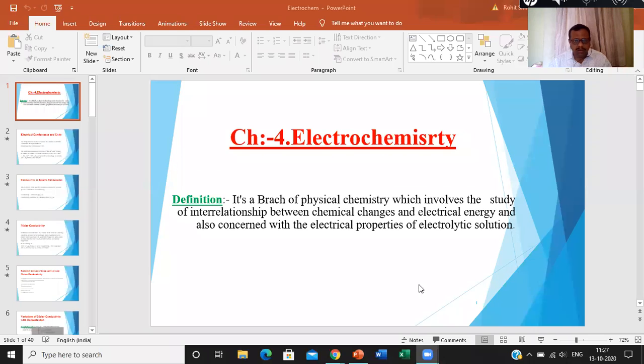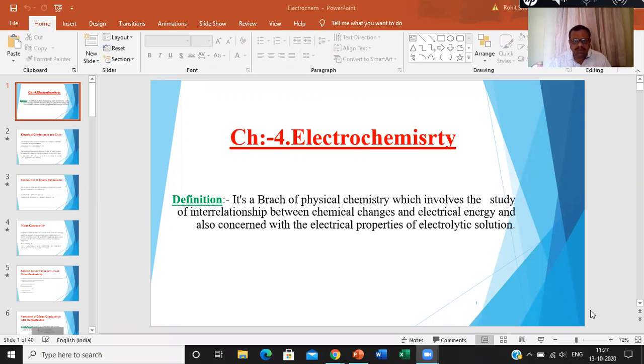As you all know, electrochemistry is a branch of physical chemistry which involves the study of interrelationship between chemical changes and electrical energy, and also concerned with the electrical properties of electrolytic solutions.